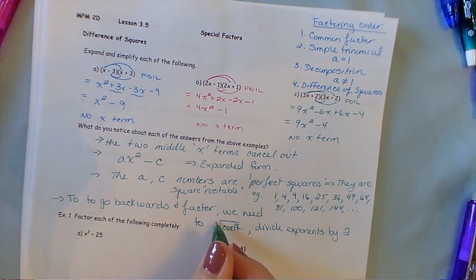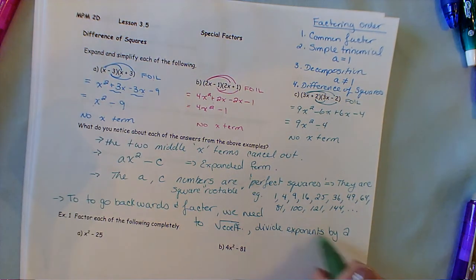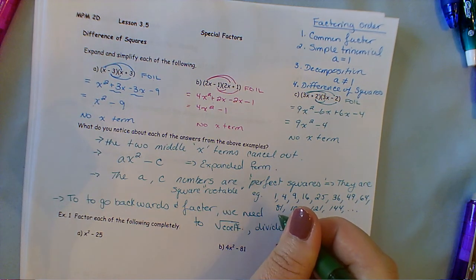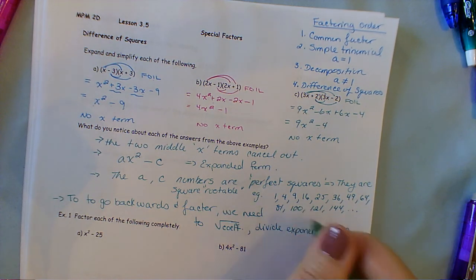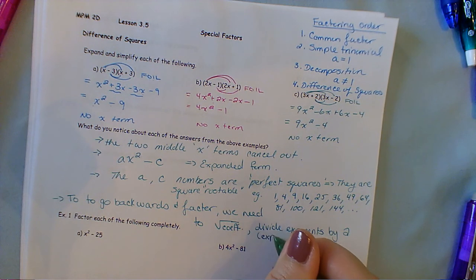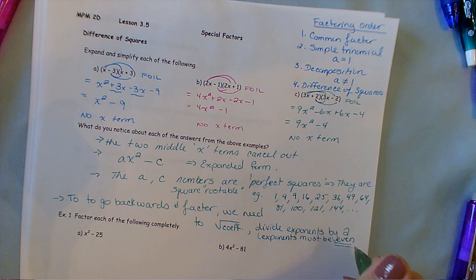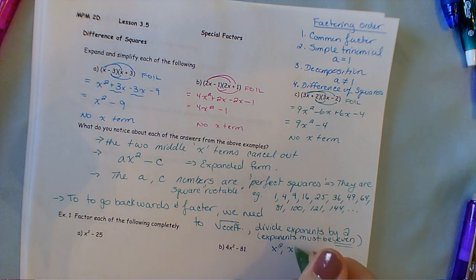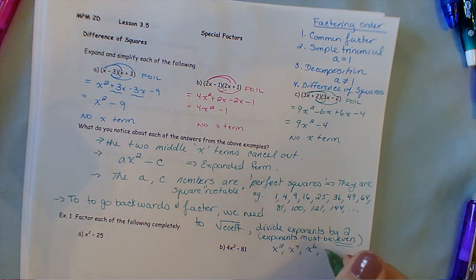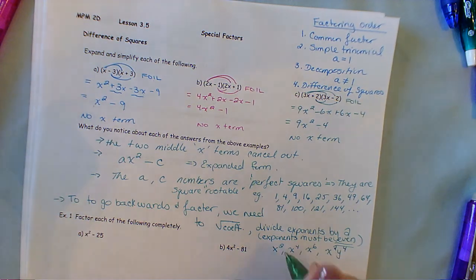So we square root the coefficients, we divide exponents by 2, so that means we must have even exponents. So therefore exponents must be even. That is key. So that means x squared, x4, x6, x2y4. It needs to be those kinds of combinations because we have to split them into even groups.